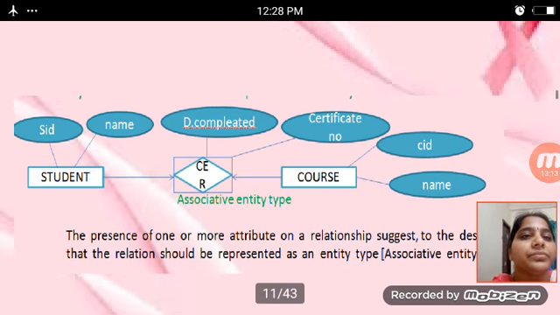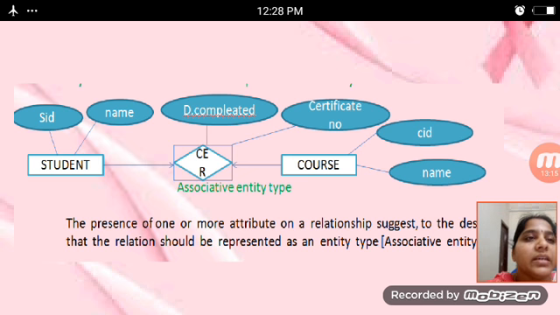After that, in the associative entity, student has SID and SNAME. The associative entity is completed course, with a certificate number.